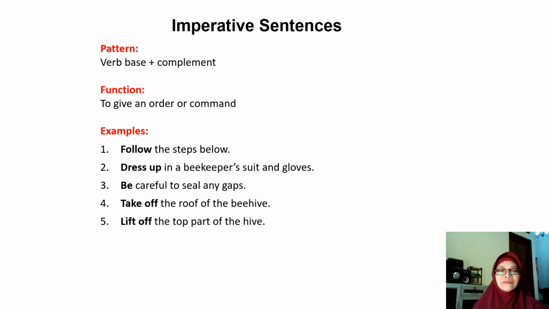The second example, the verb base is dress up, and then the complement is in a bookkeeper suit and glove. And then number 3 to number 5, the words in bold type, we call it verb base or verb 1 without 2.